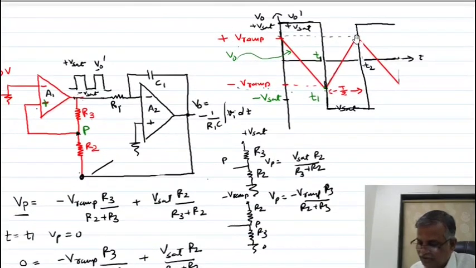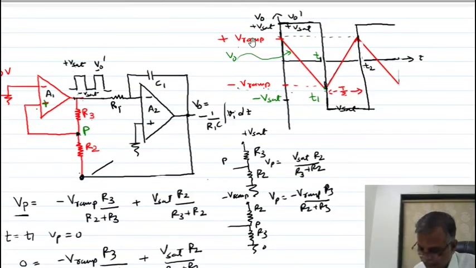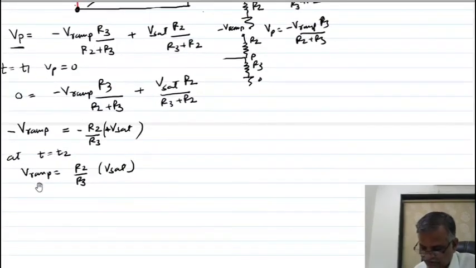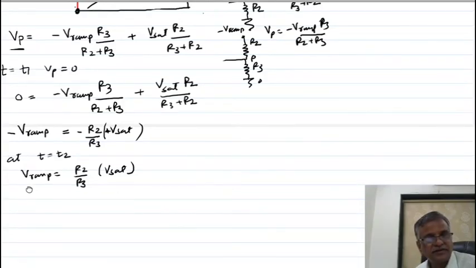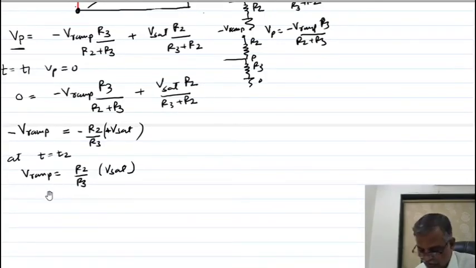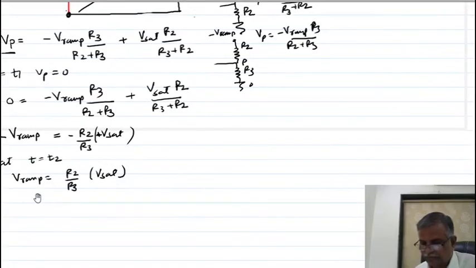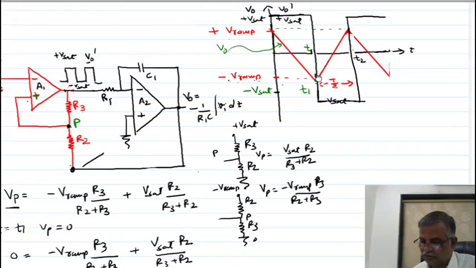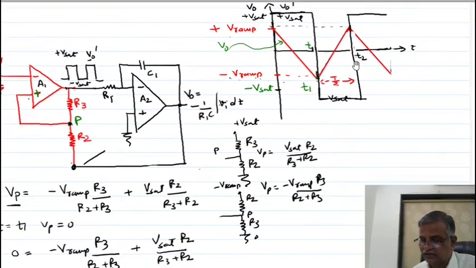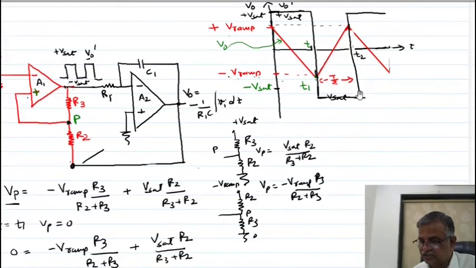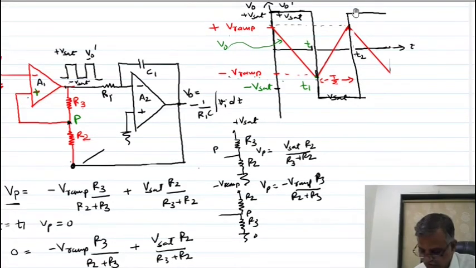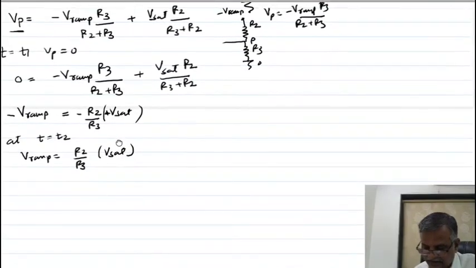So at time t2 I am writing plus V ramp. My equation will be, instead of minus, plus V. And your voltage has changed from minus to plus. At time t2 the voltage changed from minus V set to plus V set, so I can write this equation.